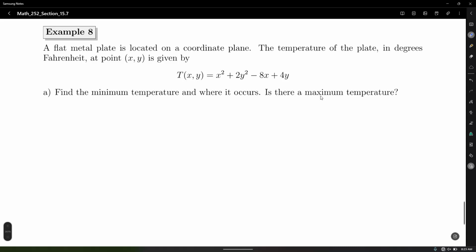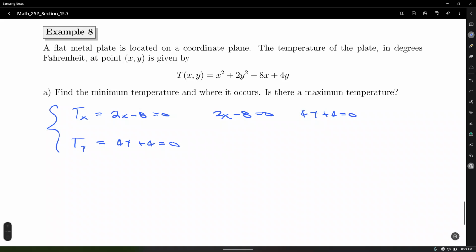That is, the partial with respect to x and the partial with respect to y: 2x minus 8, set equal to 0, and 4y plus 4, set equal to 0. Solving the system of equations, 2x minus 8 equals 0, and 4y plus 4 equals 0.